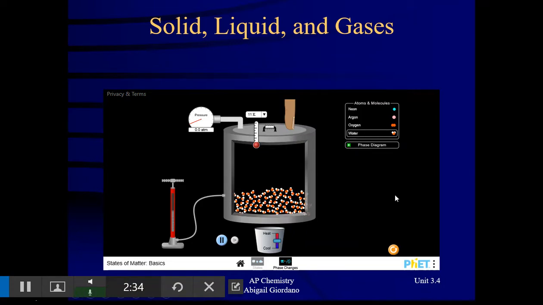Most solids don't have that. Water is a little bit unusual in that its solid phase is less dense than its liquid. That's unusual. Water's not the only substance that is the case, but it is unusual, and that's why ice floats, whereas most substances, their solid form would sink in their liquid form.